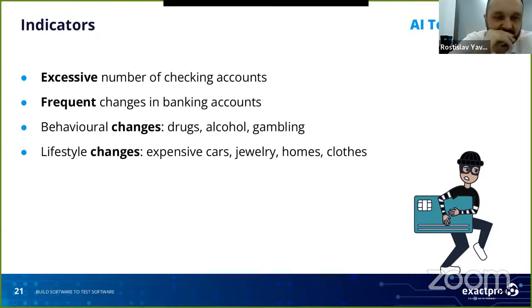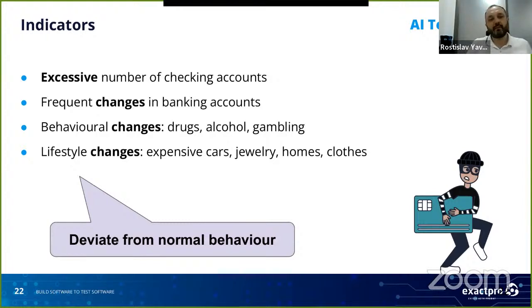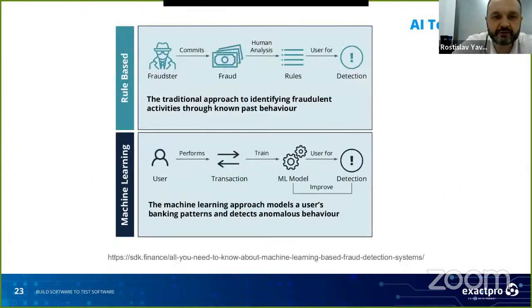So you see that all indicators are actually about some deviation from normal behavior. So all the algorithms, methods and tools which we have for statistical and other types of anomaly detection and outlier detection could be successfully used for this kind of application.